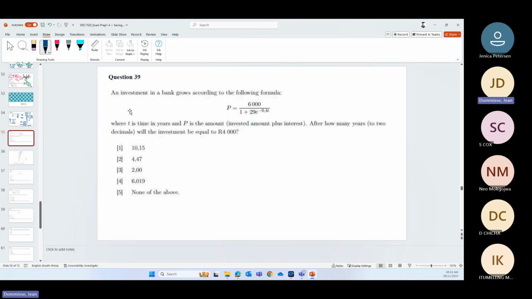So an investment in a bank grows according to this formula, where T is the time in years and P is the amount invested, amount plus interest. After how many years to 2 decimals will the investment be equal to 4,000 Rand? Okay, so what would you guys have done in a question like this?